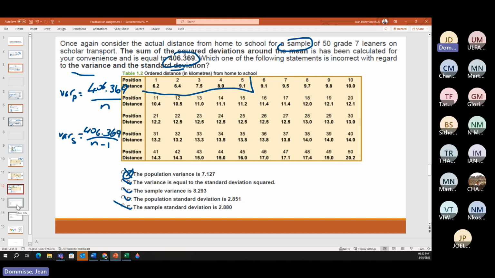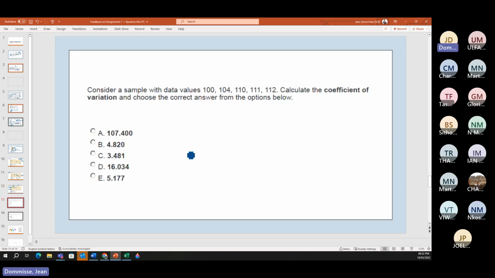Okay, so a few more questions. One other thing that they love to ask, there's not a lot of that in your study guide, is coefficient of variation. Coefficient of variation is calculated as your standard deviation divided by your mean.